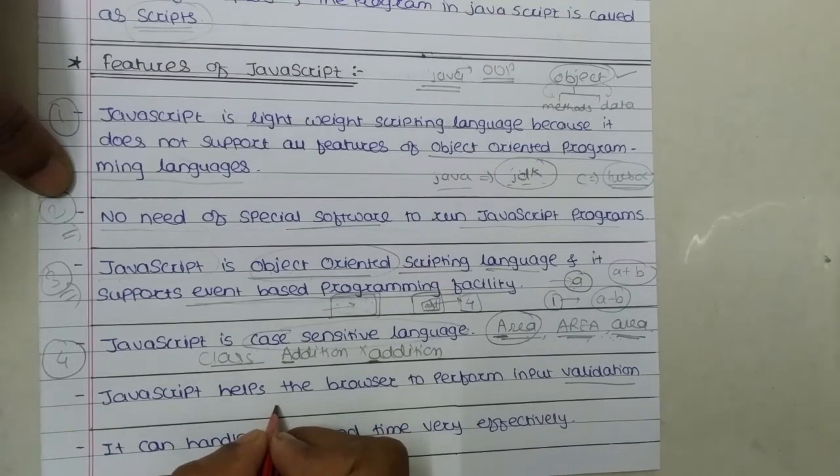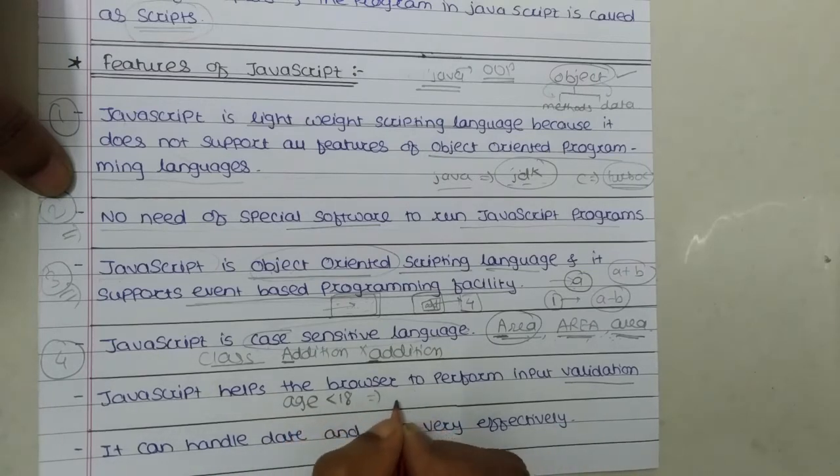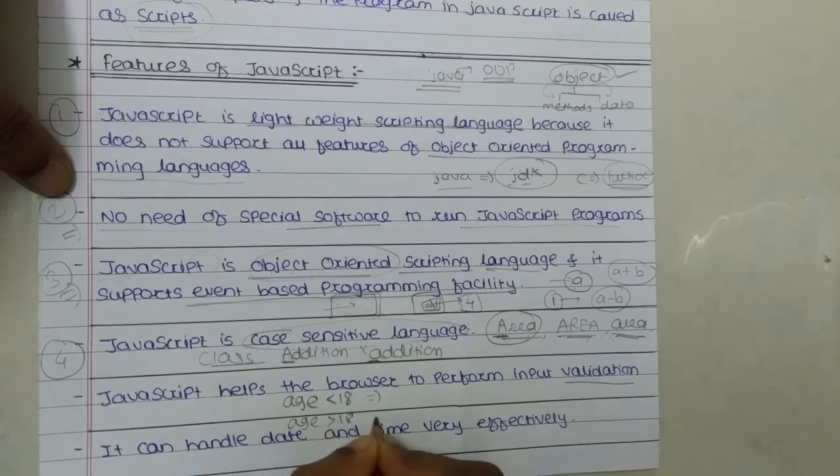Suppose I want to create a program where, if age is less than 18, we show that this person is not eligible for voting. And if age is greater than 18, we show that this person is eligible for voting.